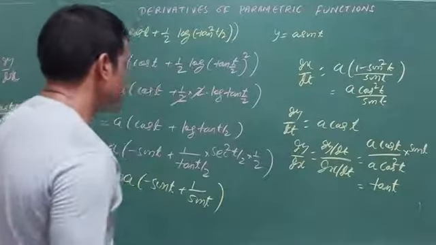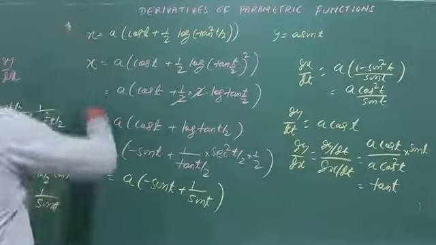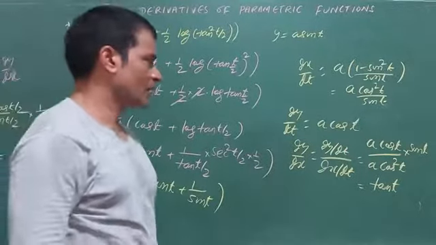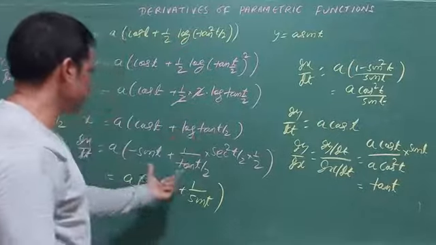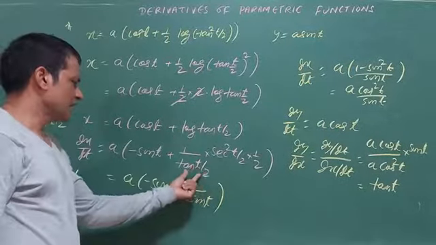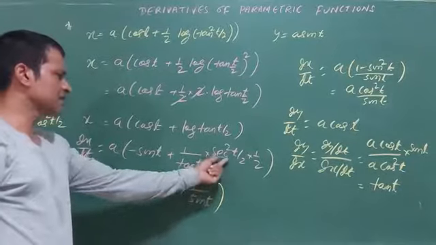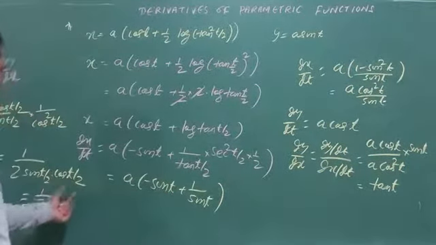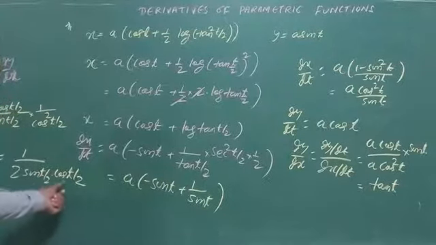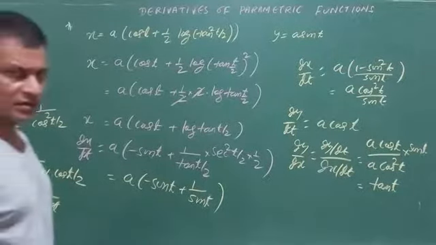This is an important question again. You take it outside so it becomes smaller, and this simplification part you must take care of. Tan t by 2 can be written as sin by cos, and sec square comes to the denominator. That gives you 2 sin t by 2 cos t by 2, which is in the form of 2 sin theta cos theta, sin 2 theta, so sin t.